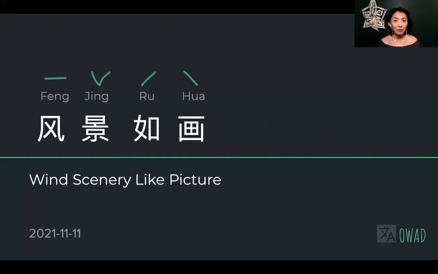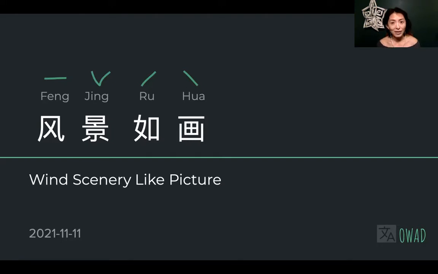In this phrase, there are 4 characters, like most Chinese phrases. We like the magic number 4. It's enough to put enough information in it to make a phrase and come up with a picture. Like this one, its literal translation word by word means wind scenery like picture.